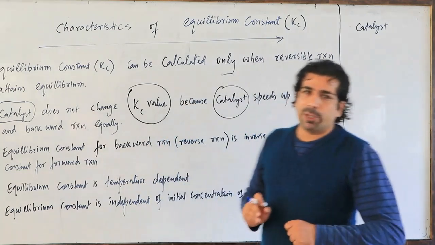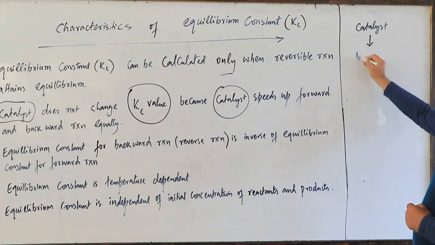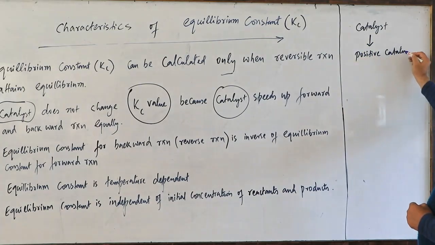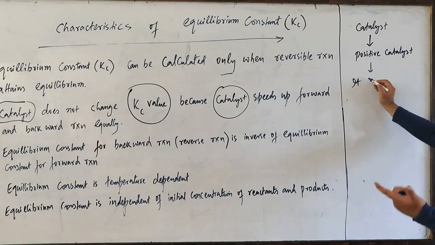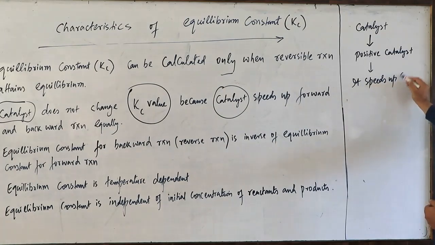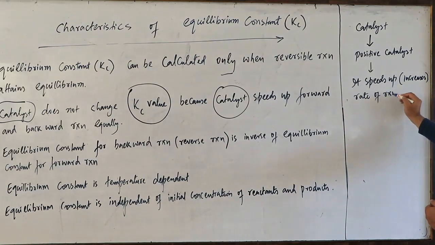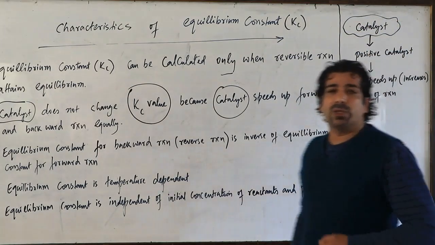A positive catalyst speeds up, or you can say increases, the rate of reaction. So the role of catalyst is to increase the rate of reaction if it is a positive catalyst.